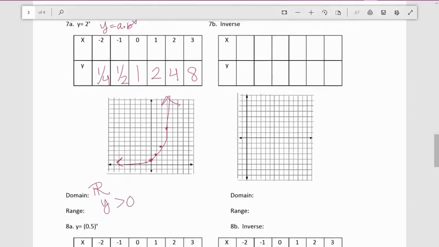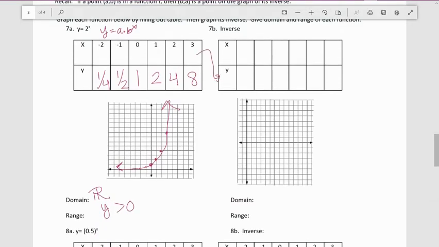So for my inverse, remember when we did these, we just kind of switched our x's and y's. So my y's are going to be -2, -1, 0, 1, 2, and 3, and then I'm going to copy these: 1/4, 1/2, 1, 2, 4, and 8.